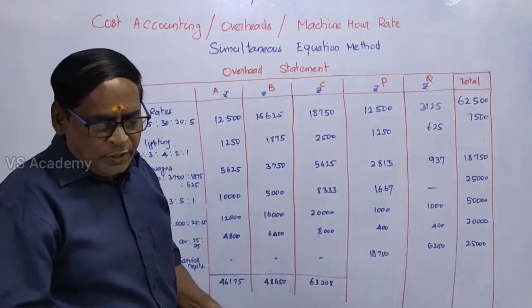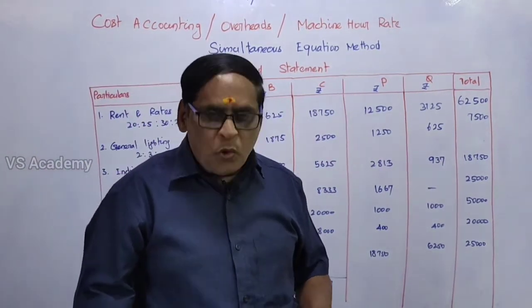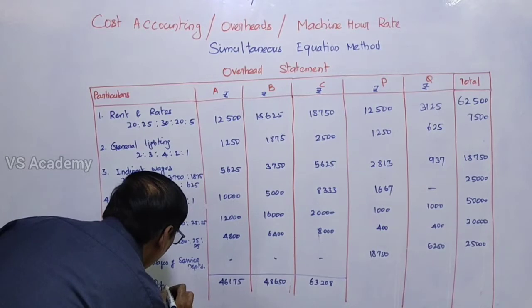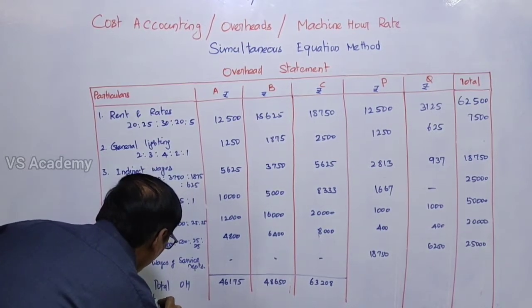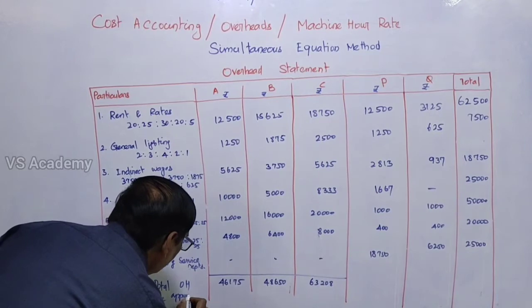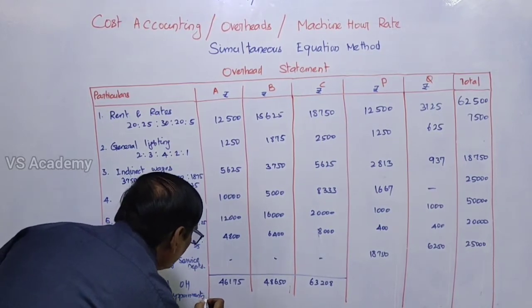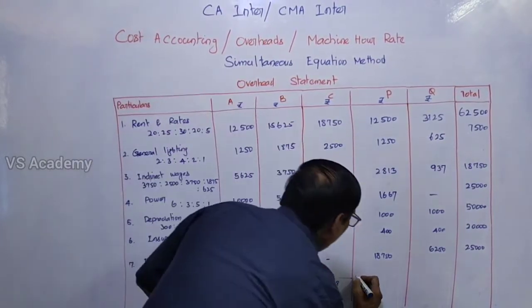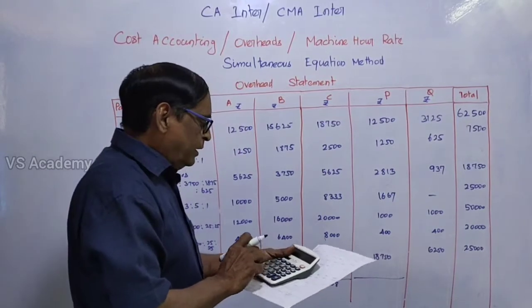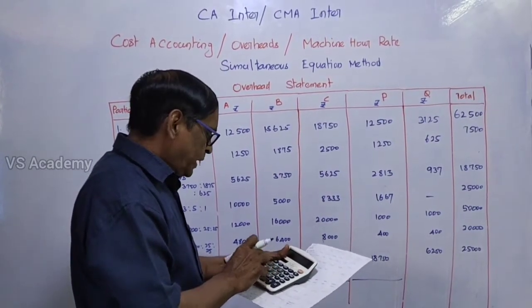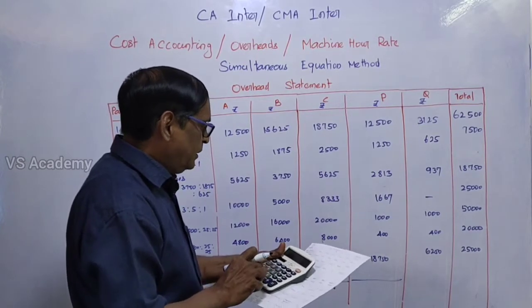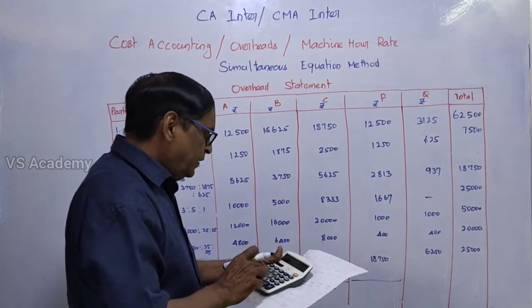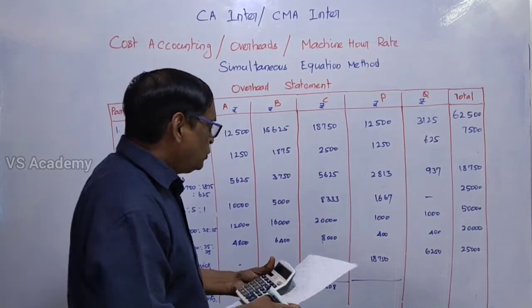So this amount, according to the direct wages, is the total overhead before reapportionment. And then the service department total. If we add 12,500 plus 1,250 plus 2,813 plus 1,667 plus 1,000 plus 400 plus 18,750, the total amount will be 38,380.